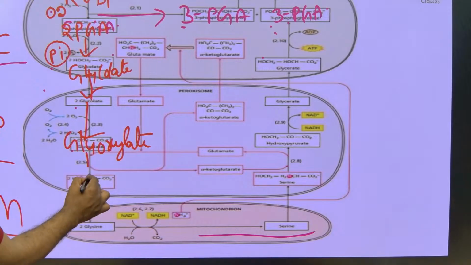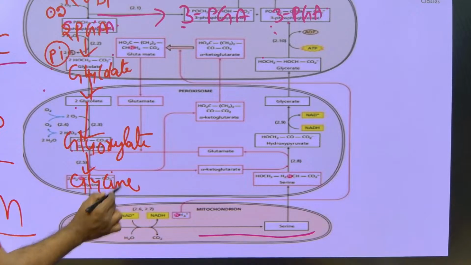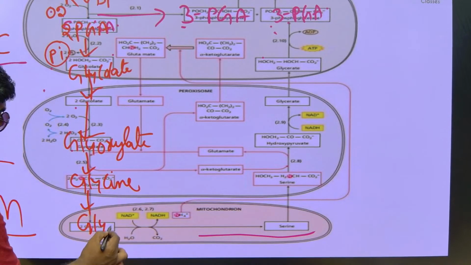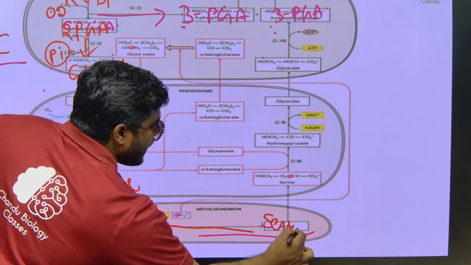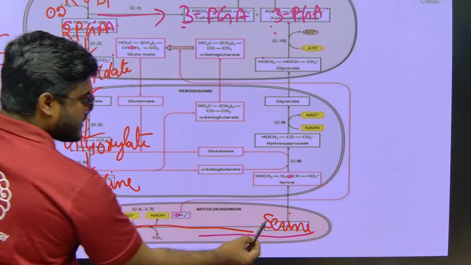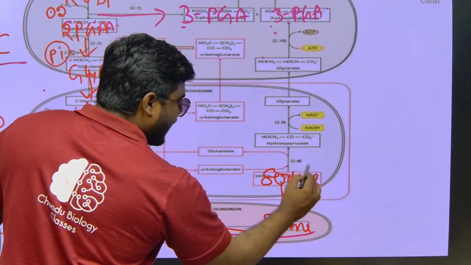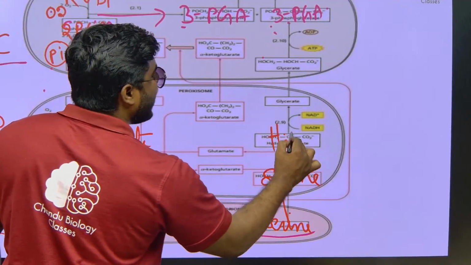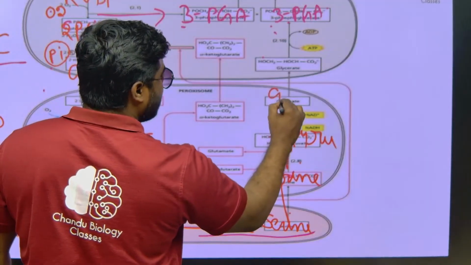Now glyoxylate within the peroxisome is converted into glycine. Now glycine from the peroxisome entered into mitochondria. Now the glycine is converted into serine. Now serine from the mitochondria entered into the peroxisome. Serine is converted into hydroxypyruvate. Hydroxypyruvate is converted into glycerate.